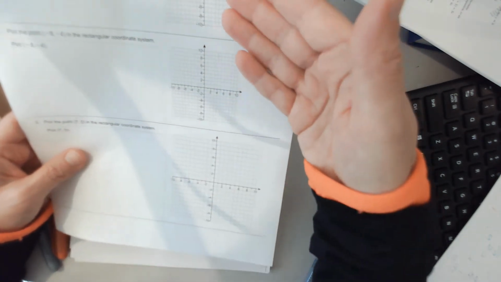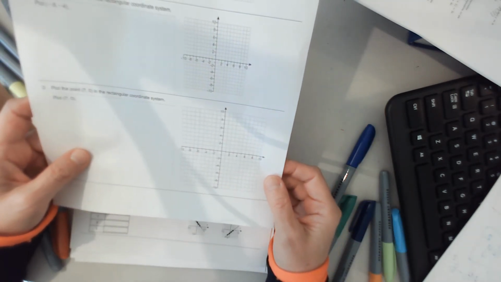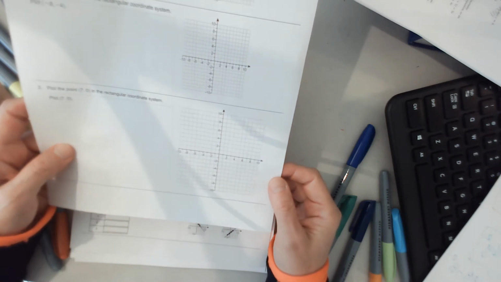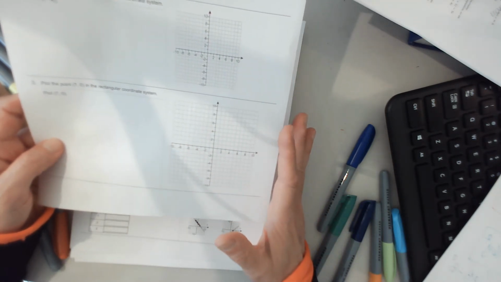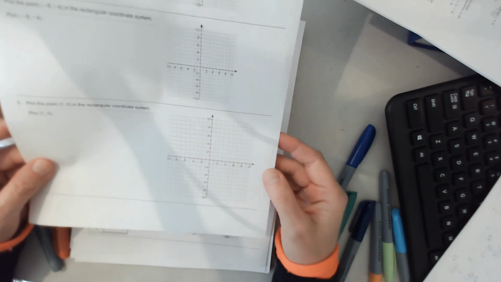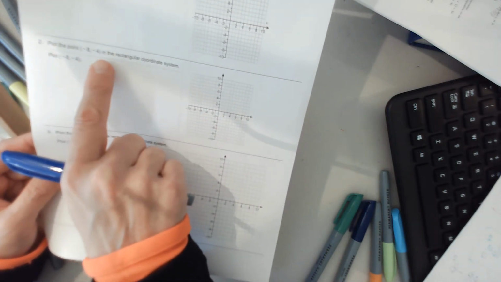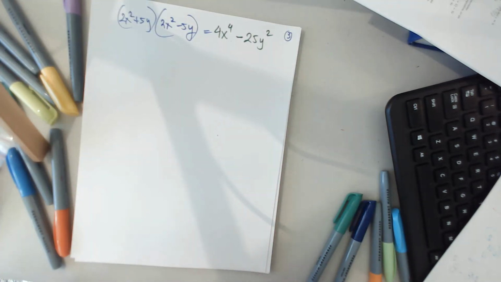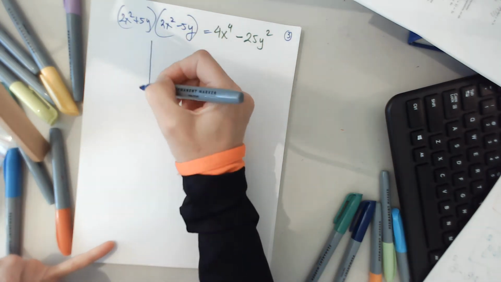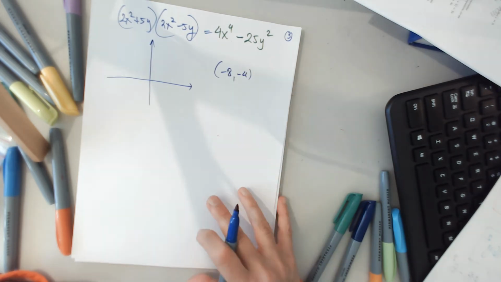Are we okay with plotting points on the coordinate system? If you're not, please say no, and I will show. Okay, I don't hear anyone saying no. Can you go over it? Just any plotting? Okay, so for example, in this situation, I'm asked to plot -8, -4. So on the coordinate system, I'm asked to plot this point.